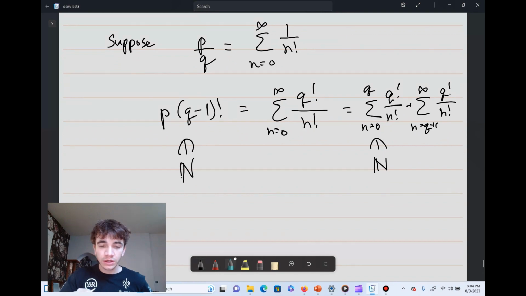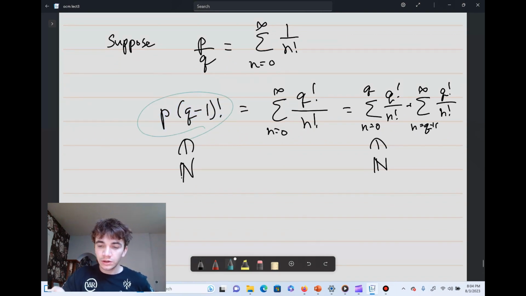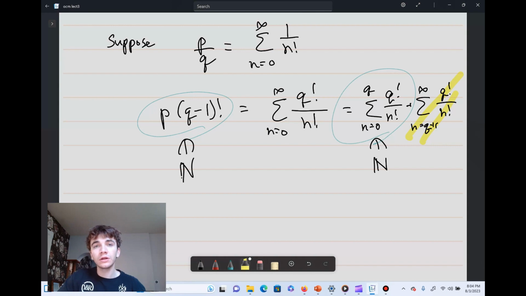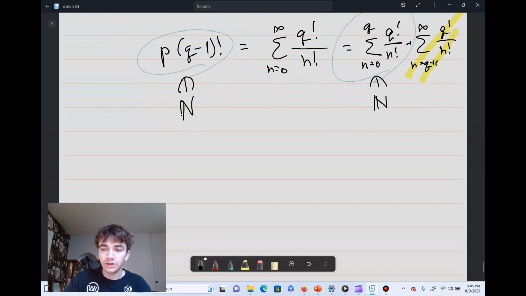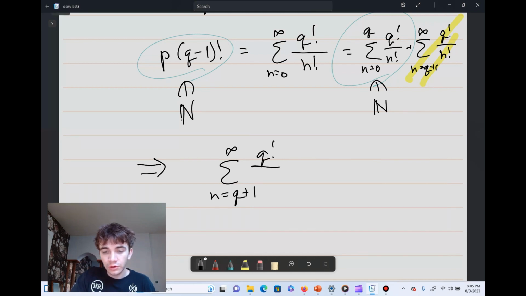So because both of these two terms are natural numbers, we know that the third term here must also be a natural number. And this is kind of the heart of the contradiction. So we know that therefore the summation from n equals q plus 1 to infinity of q factorial over n factorial is a natural number.